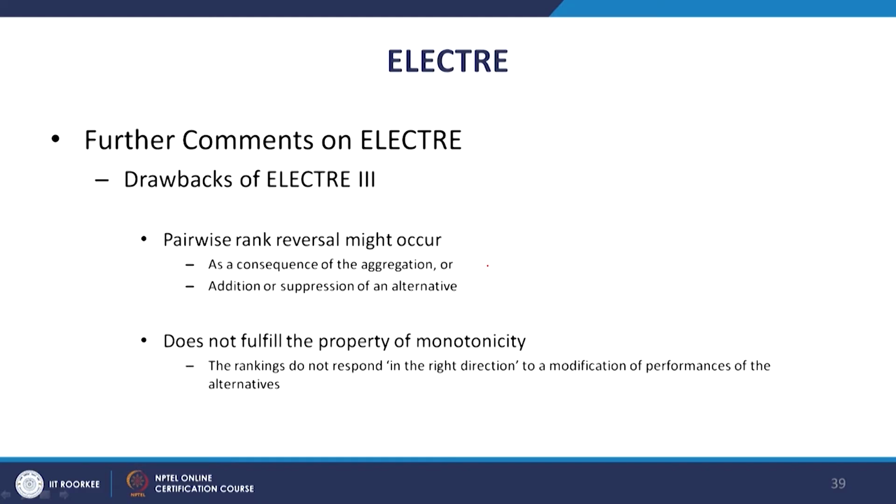Then another drawback of ELECTRE III is that it does not fulfill the property of monotonicity. So the rankings do not respond in the right direction to a modification of the performances of the alternatives. As you remember, in the ELECTRE III method that we have discussed in the previous few lectures, performances of alternatives are considered.